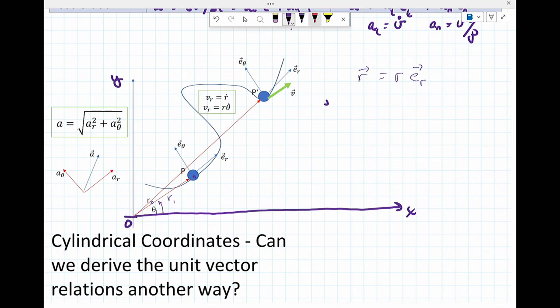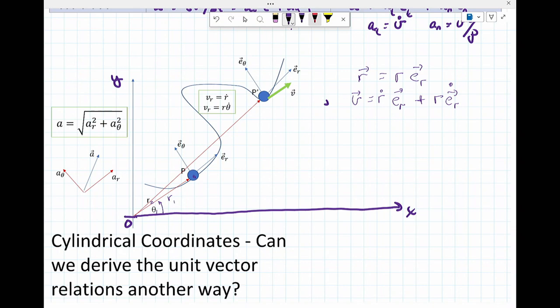Then I take its derivative, and its derivative is v equals r dot er plus r er dot. And this is where things get a lot more complex.